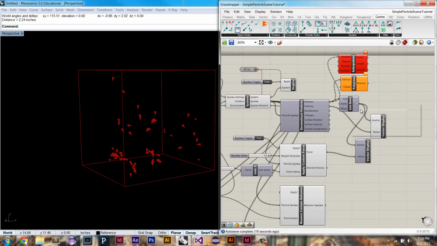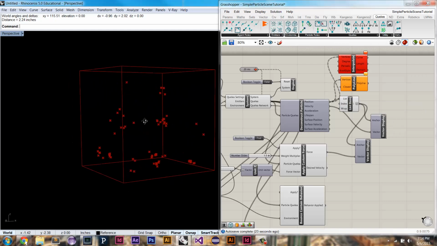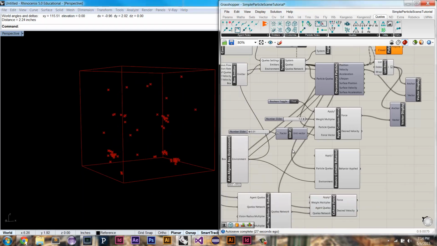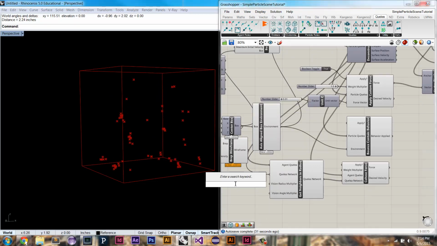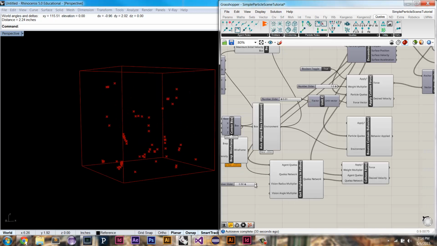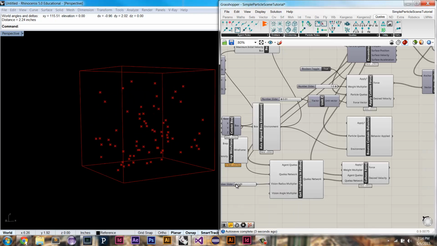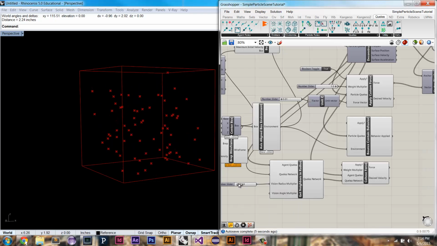Might even be easier to see not as vectors. Right, so they're being emitted, they're only being attracted to the ones that are very close to them, and if you see here, vision radius multiplier, let's say we set that to 0.5, they'll only be attracted to ones that are extremely close. If I set it to 0, they're not going to see anyone, right?